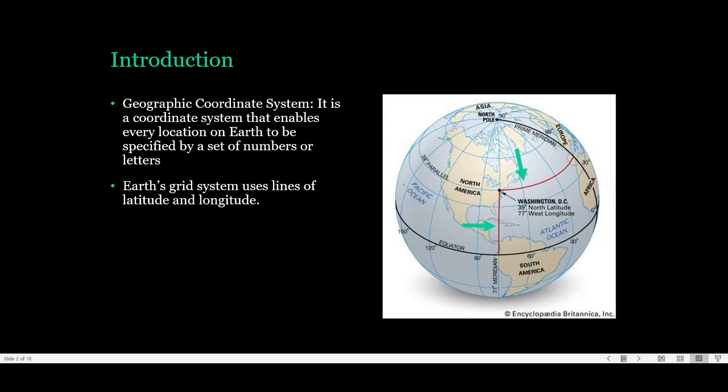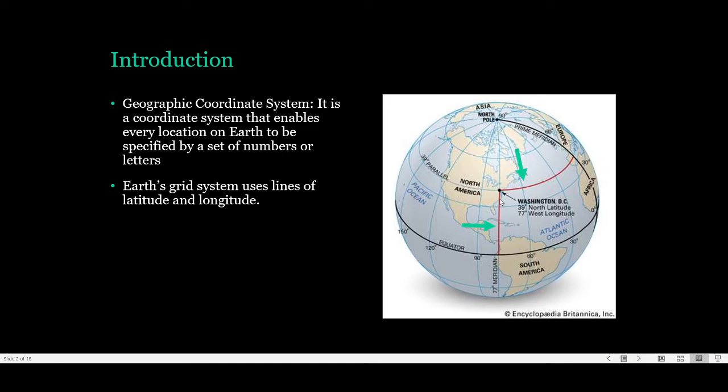To begin, the geographic coordinate system is a coordinate system that enables every location on Earth to be specified by a set of numbers or letters. Earth's grid system uses lines of latitude and longitude. This is an example of a globe, and if you've seen globes, you can see that there are a lot of lines extending from north to south, and then east to west.